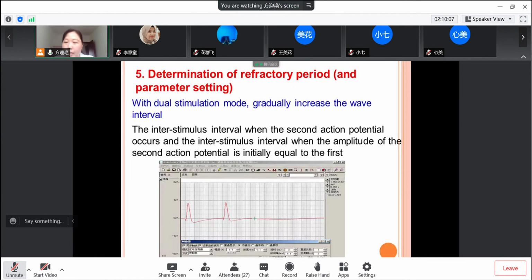It means that during this period, when we give a second stimulation, no action potential can be produced. This period we call the refractory period. Understand here?